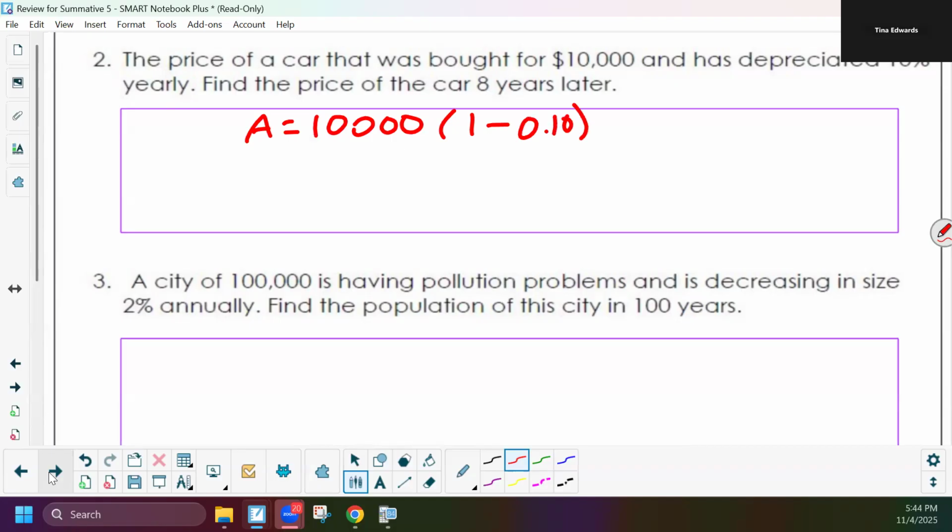And we want to do to the eighth power because we want 8 years later. Okay, you can simplify this if you want. This here becomes 0.90 if you want. And if you put that all in your calculator, your final answer is $4,304.67.